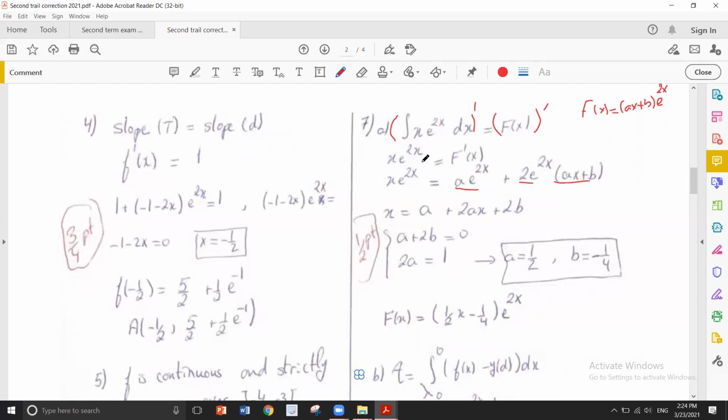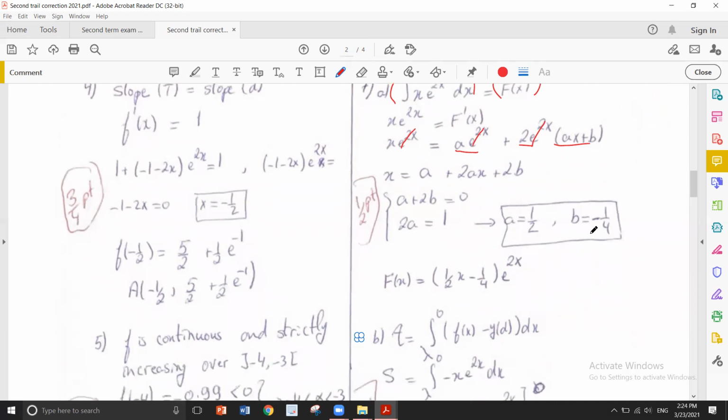Now we remove e power 2x, then x equals a plus 2ax plus 2b. By comparison, a plus 2b is 0, and the coefficient of x, 2a equals 1, then a equals half, and b equals minus 1 over 4.